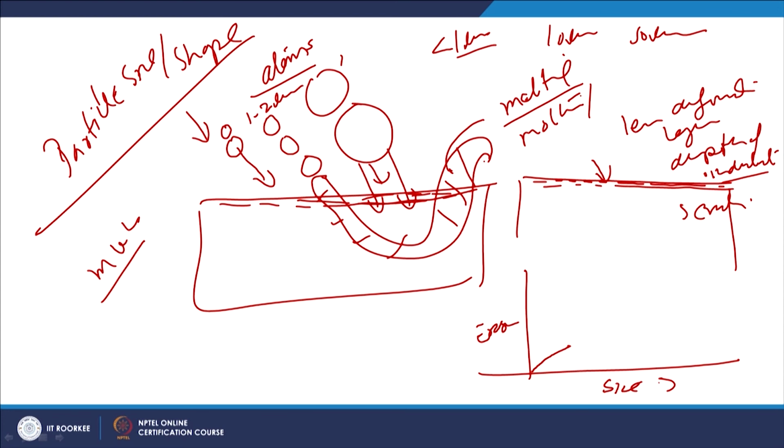So, these are the other mechanisms, apart from indentation, scratching, micro fracture and micro cracking: the superplastic flow and the melting of the surface layers, depending upon the size of the particles. So, in general, initially with the increase of the particle size, there is an increase of the erosive wear of the material.